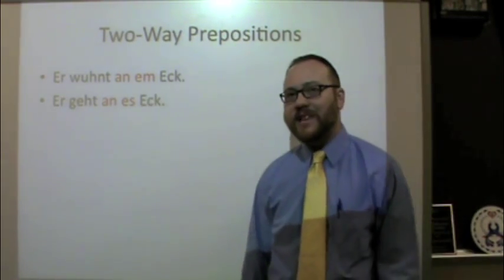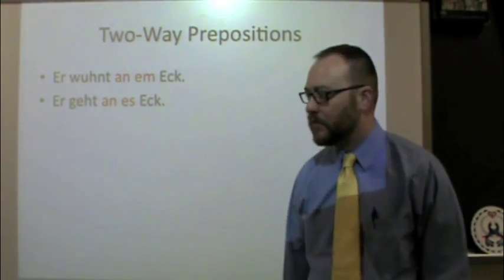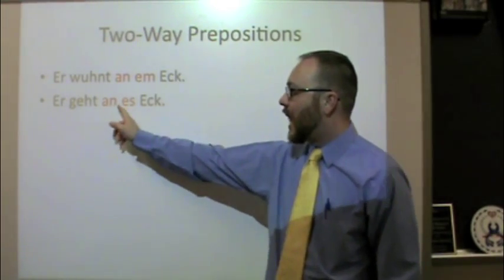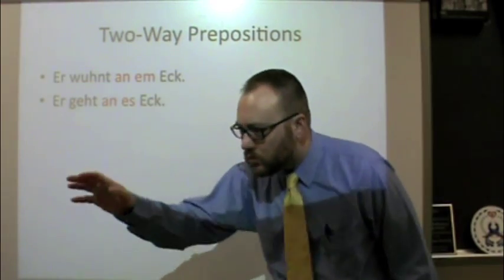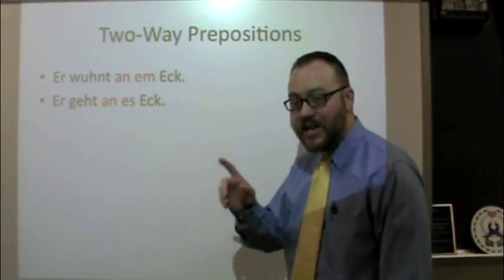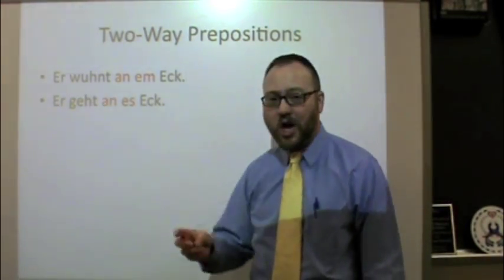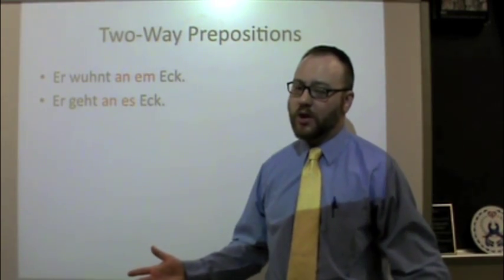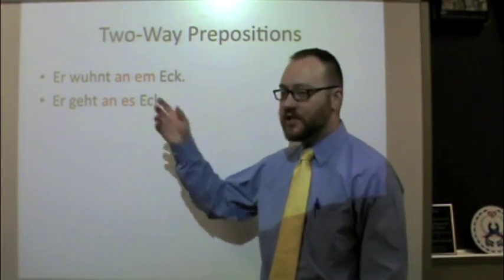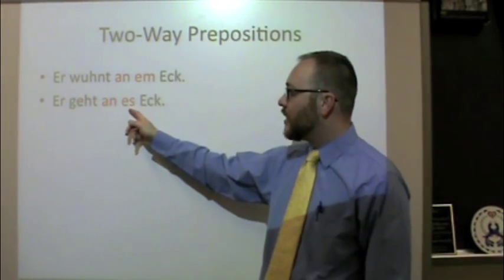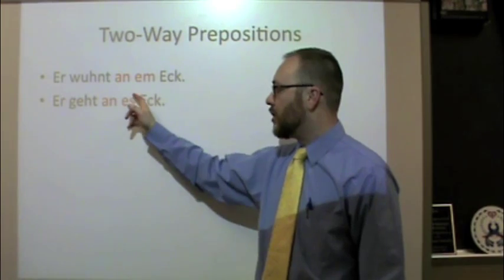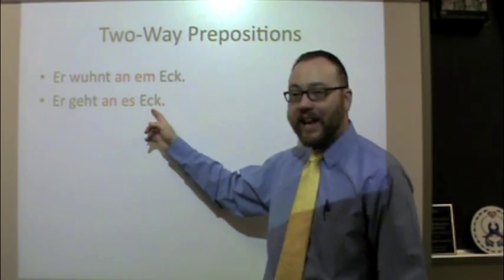Now I took that same sentence, but I changed it just a little bit. I changed our verb. This time I said, geht an es ek. He's going around or at the corner. Now, geht, we know that's motion. So that automatically changes from dative to accusative because there's motion. And because of that, notice, our article has changed. Ek is still neuter.